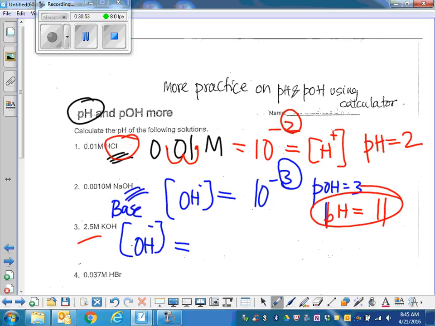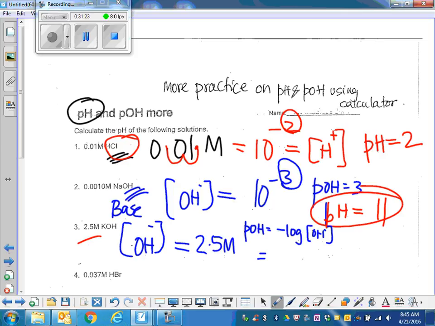All right? This is a base. The hydroxyl ion concentration is 2.5 molar. What is pOH by definition? pOH is negative log of my hydroxyl ion concentration. Yes or no? In your calculator, find the negative sign, not the minus, but the negative, which is way in the bottom.